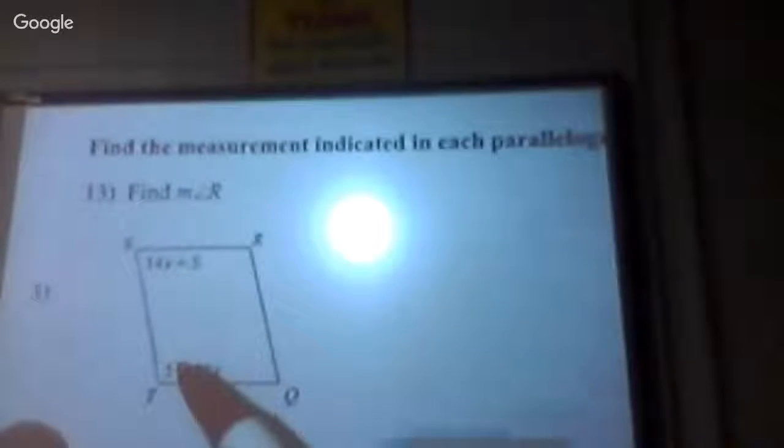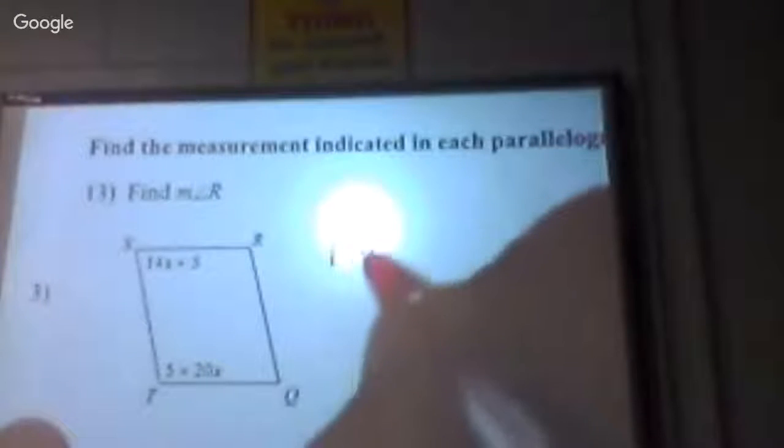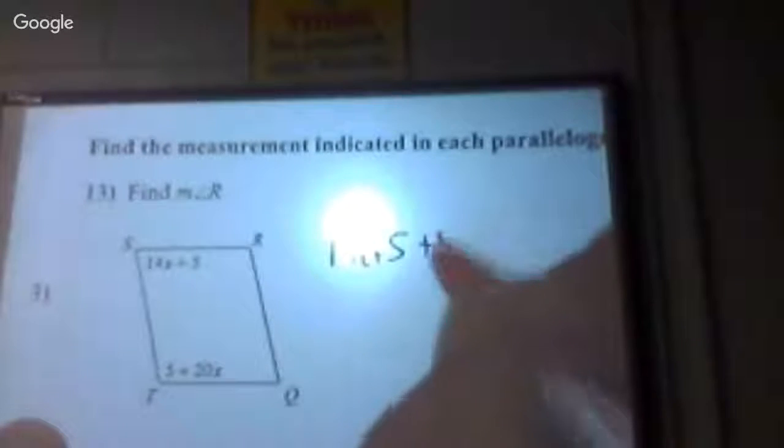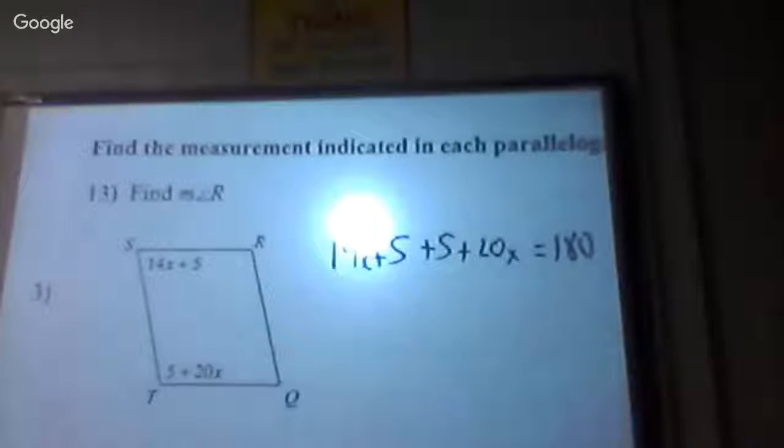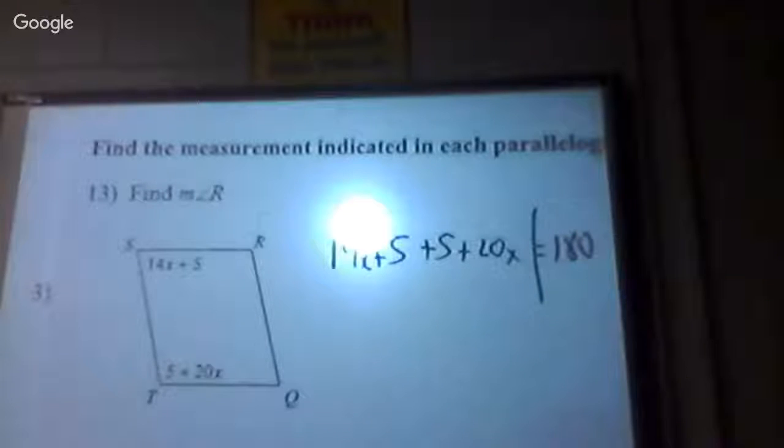And number 12, we would add those up and set them equal to 180 degrees. 13, we would add these up, set them equal to 180. All right. So if we cross the line, we change the sign. If we don't cross the line, we don't change the sign.